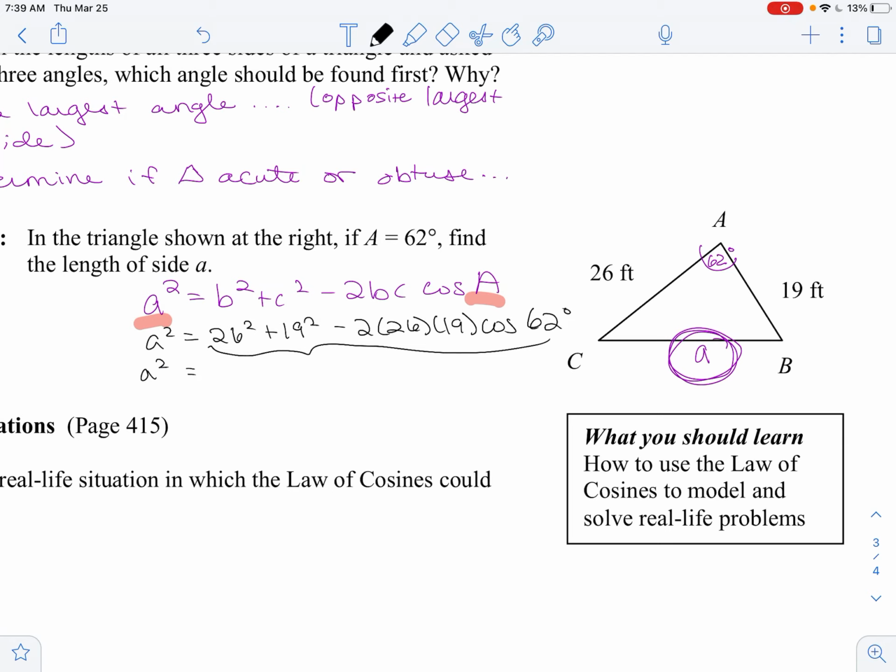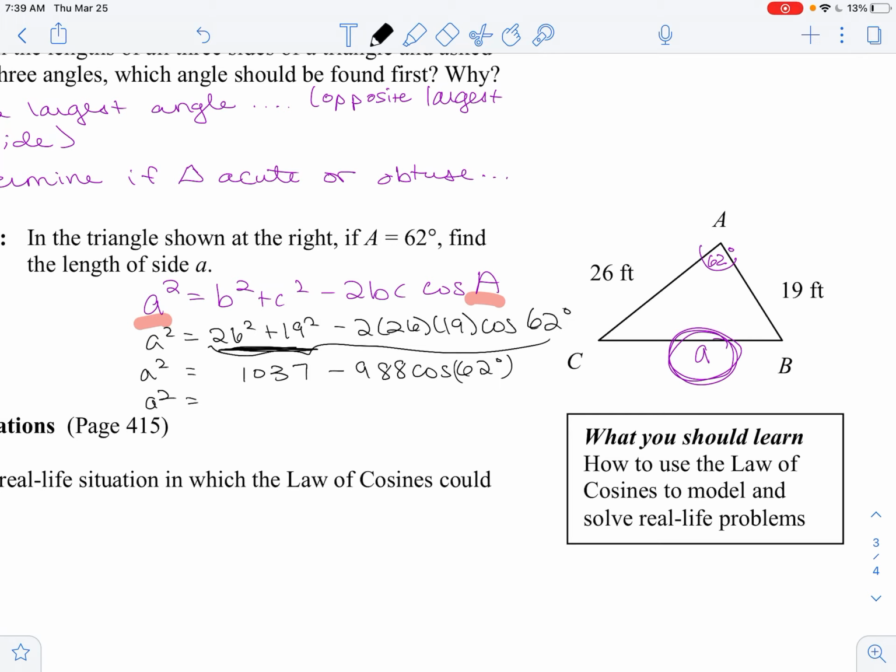Or you could break it up and say 26 squared plus 19 squared gives me right here 1,037, minus 2 times 26 times 19 is 988 cosine 62, and then plug that all in your calculator. Just make sure that your cosine is in parentheses.